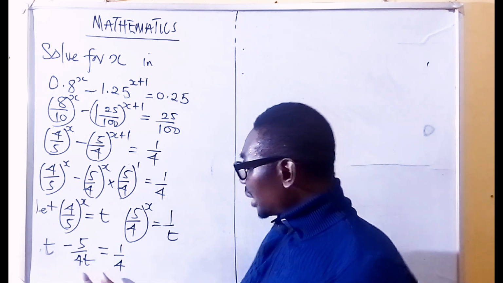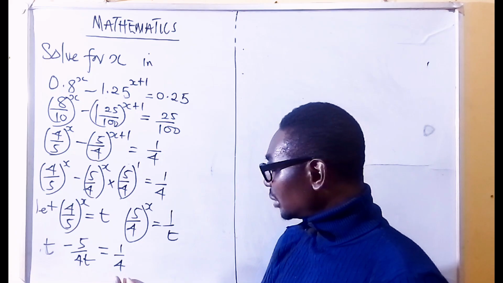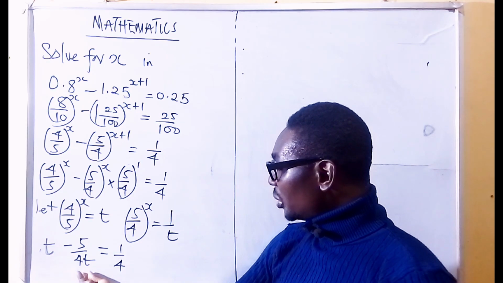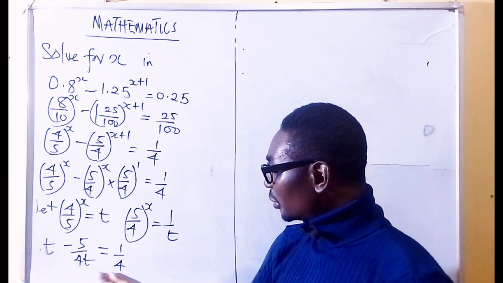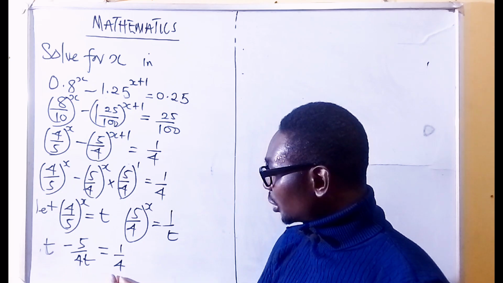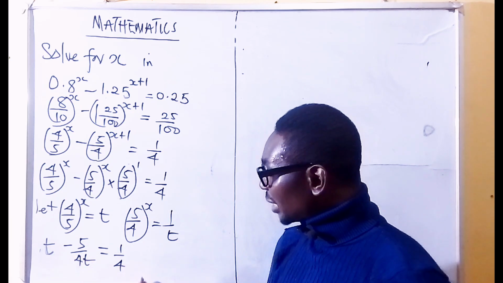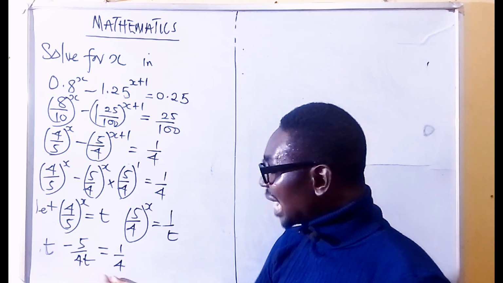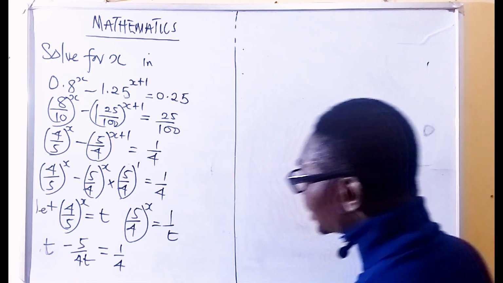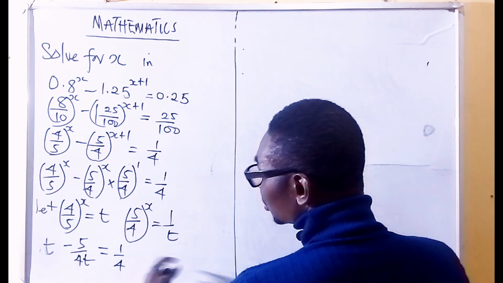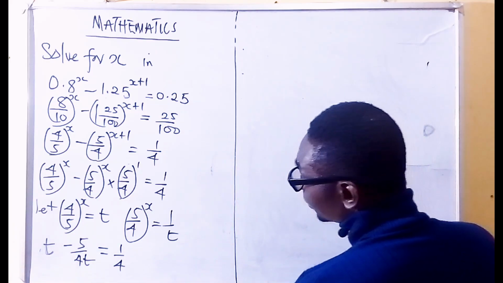At this point, we can clear the fraction. How do we clear the fraction? Here, we use the LCM of the denominators 4t and 4 to clear the fraction. The LCM of 4t and 4 is 4t. So we use the LCM to multiply all terms to clear the fraction.